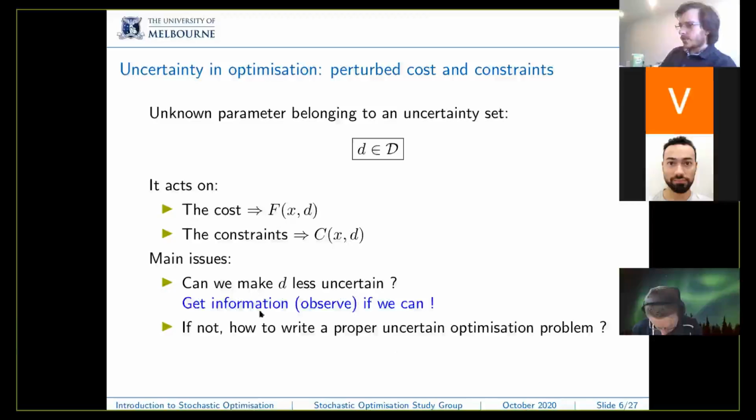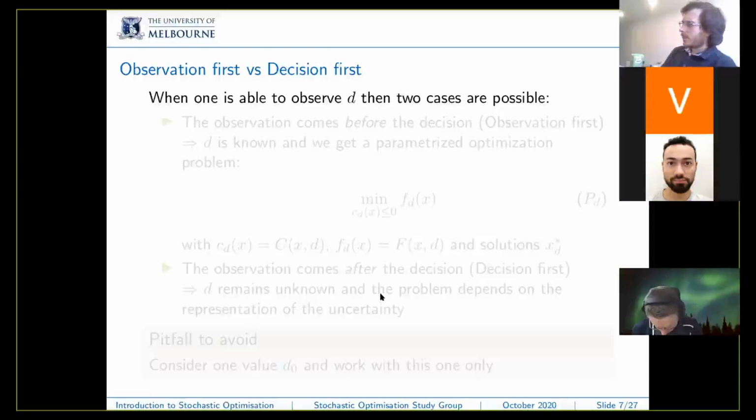So for the first question, I kind of spoiled it. You maybe want to get information, to know what happens when you can observe this parameter D. And for the second one, usually you have to model the uncertainty in some way.